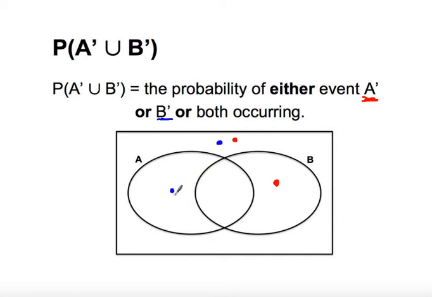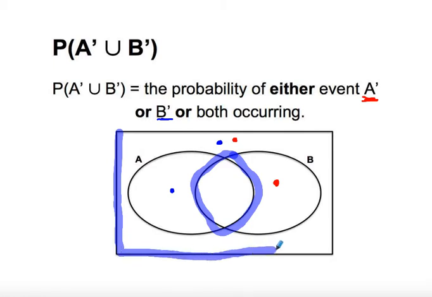And now I'm looking to include, for the union, all of the regions which have a dot in. So essentially I'm including everything inside the Venn diagram, because I've got the outside region where the two dots are. I've got the A bit on its own, because that's got one blue dot in.